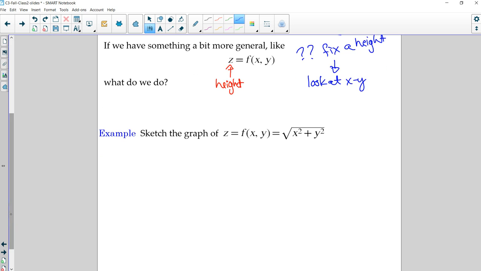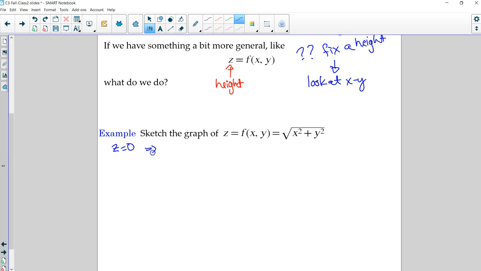We want to sketch the graph of z is equal to f of x, y, which is equal to the square root of x squared plus y squared. I think we saw this in the last video, or a variation thereof. Well, let's fix a height. Z is equal to 0.